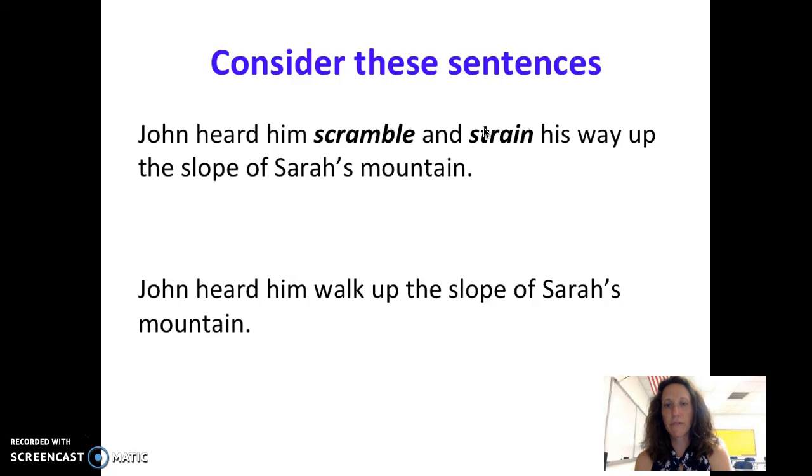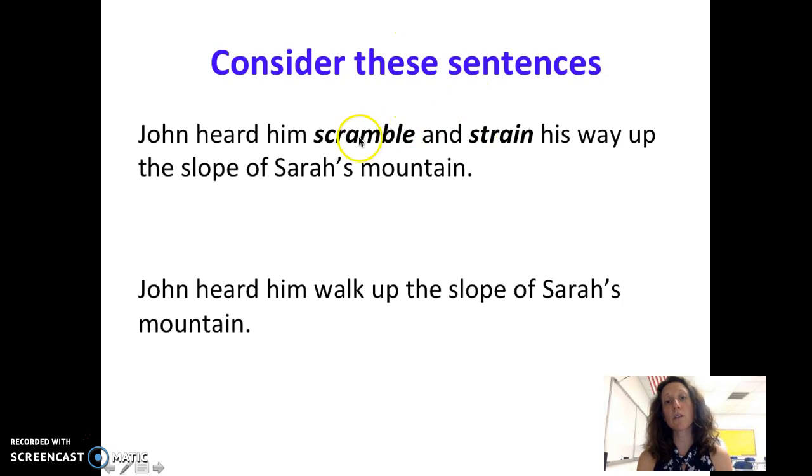So if you look at the first example, the person is going up the mountain, and I can tell that it's a lot of work. It's hard. Maybe they're breathing heavy. I can imagine this person on the mountain. The second example, he's walking up the mountain. Seems like it's probably not too bad. Pretty easy.